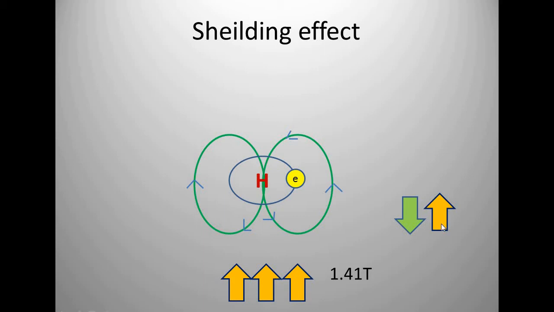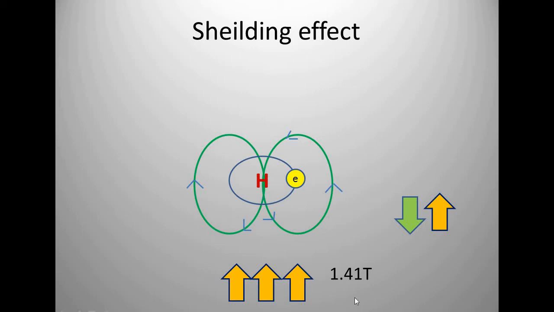So ultimately, if the external magnetic field has a strength like 1.41 Tesla, but due to the opposite direction of the induced magnetic field, it nullifies the effect of the external magnetic field, the effect experienced by this proton is somewhat less than it appears.